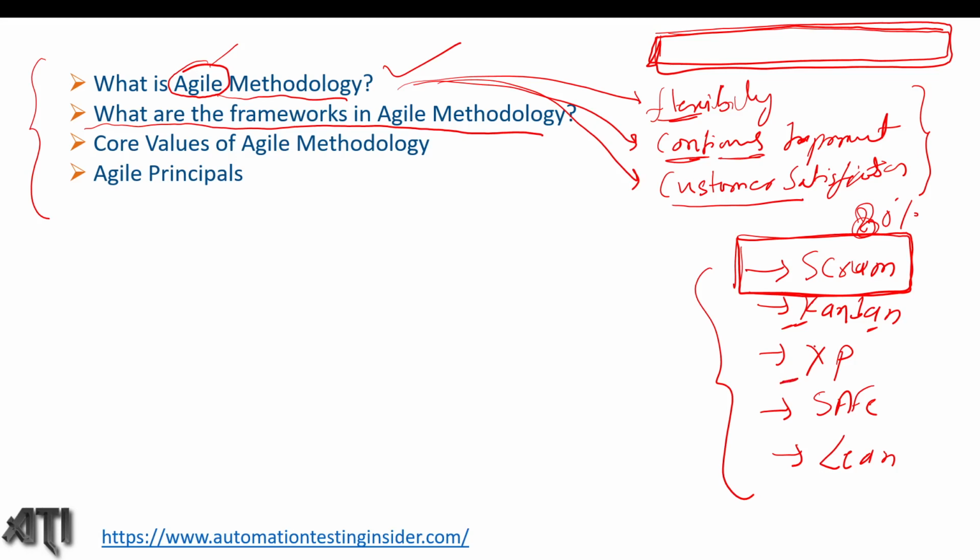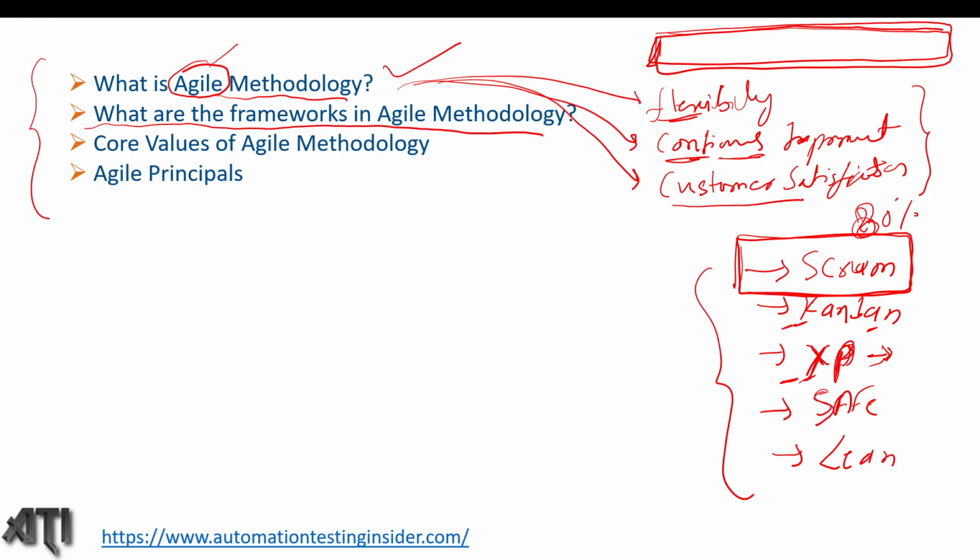If we talk about XP, extreme programming, primarily here we focus on software development, like how we can improve our code quality with different techniques like the TDD model, test driven development, or code refactoring, and there are some other techniques as well. So primarily we focus on the code quality of the software.